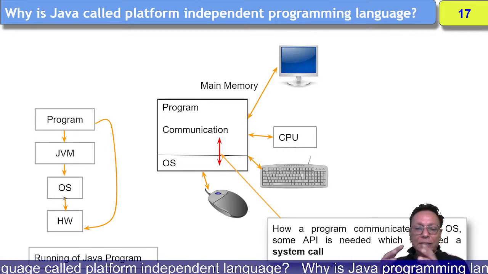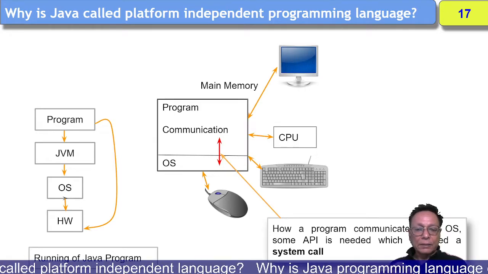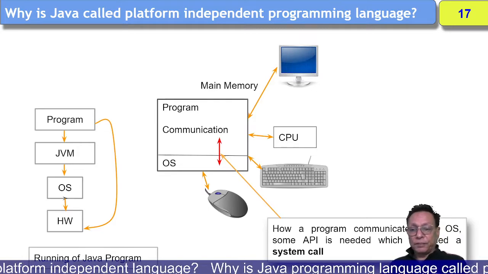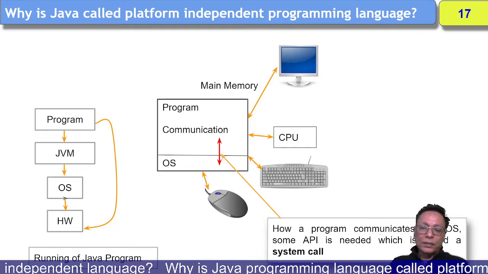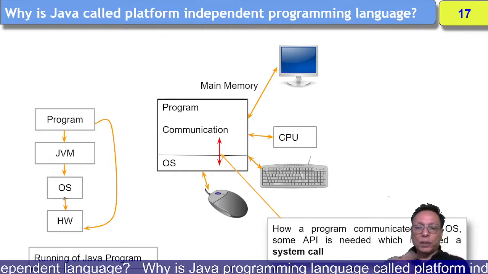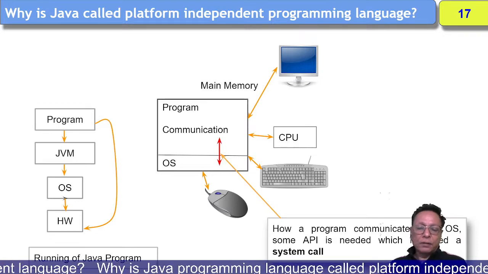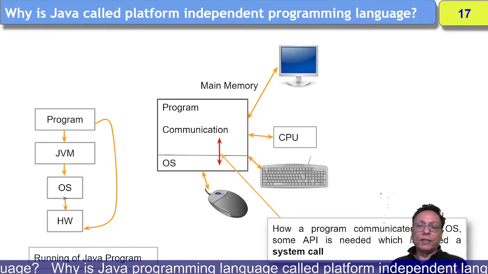This is the concept why Java is called a platform independent language, because the JVM works on every system. If a browser is there, the JVM is there, whether this is Chrome, Edge, Internet Explorer or Safari.